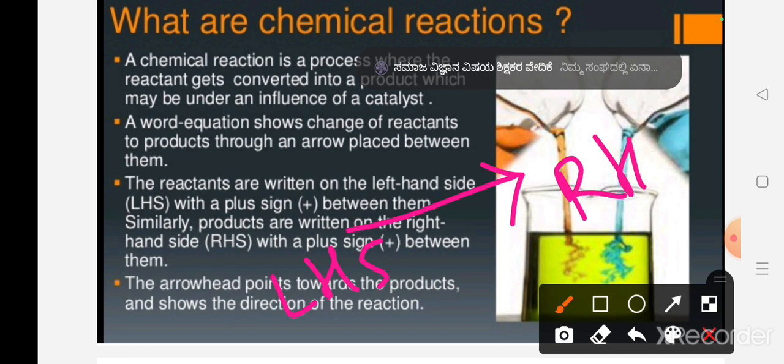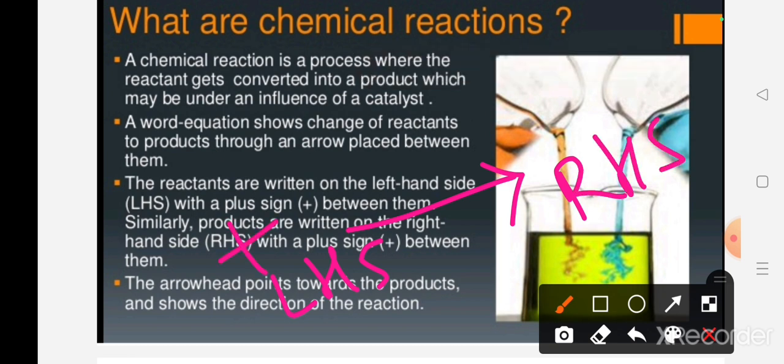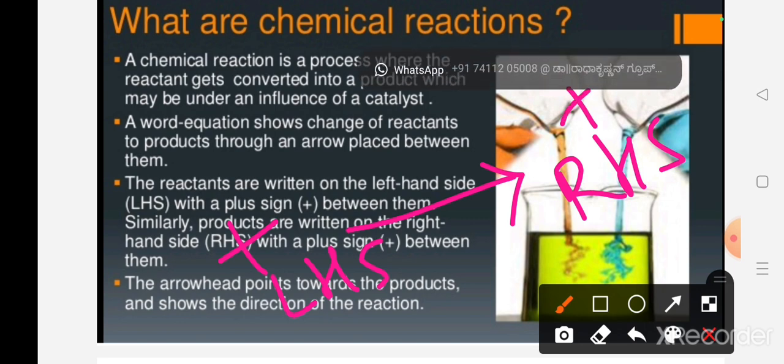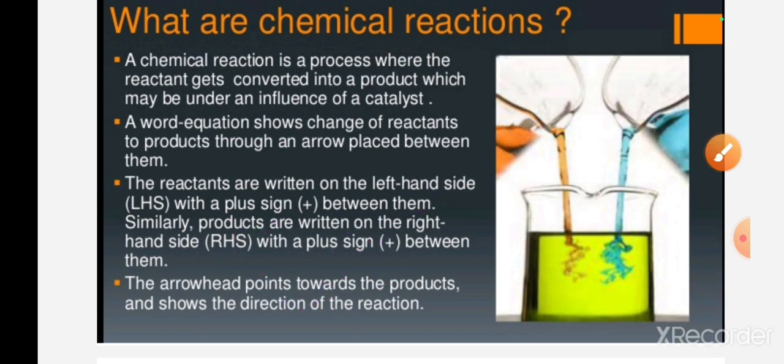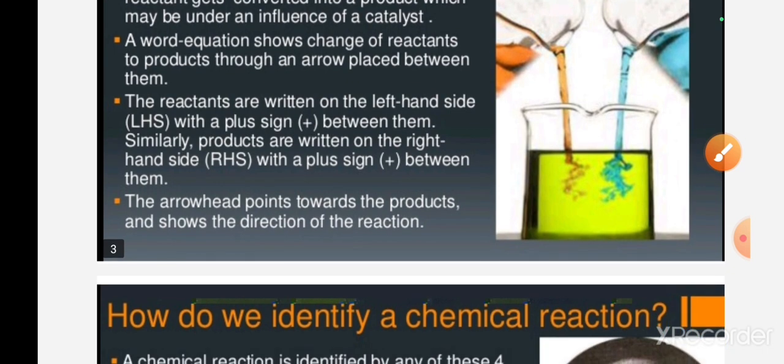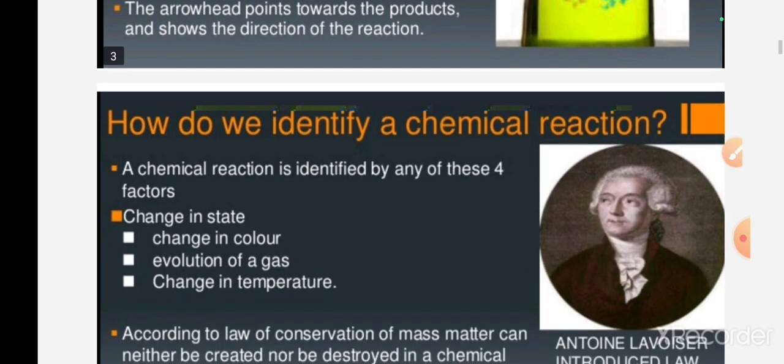This is RHS. Whatever reactants are there, in between them we write a plus. If more than two products are there, there also we have to write a plus. Then the arrowhead points towards the products and shows the direction of the reaction.